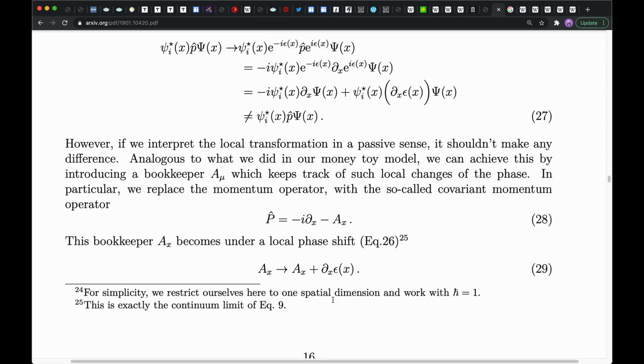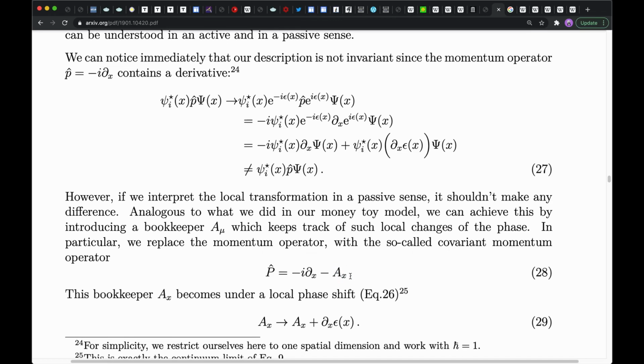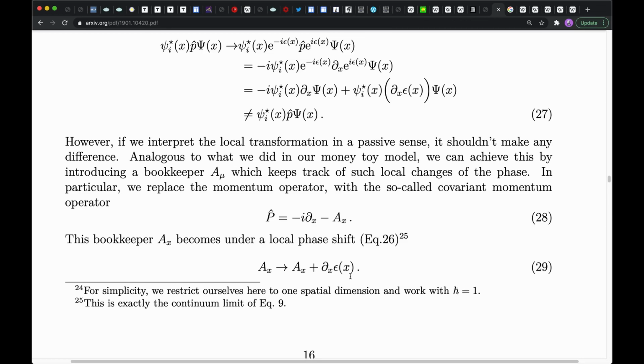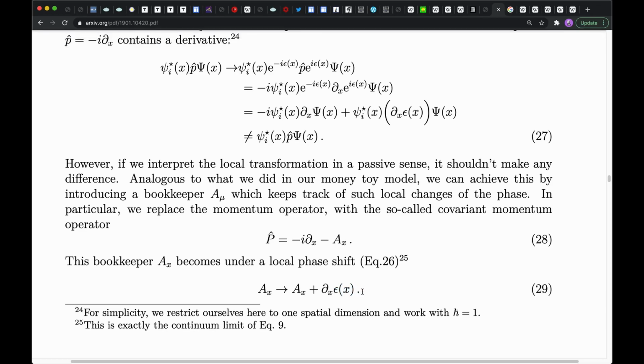Right. So basically we are modifying that p hat operator, which was just minus i dx, and we add a small addition, that function a of x. When we transform our system, when we apply the exponential rotation to our wave function, we should modify our bookkeeper in that way. So that transformation goes in pair with the transformation of the wave function.